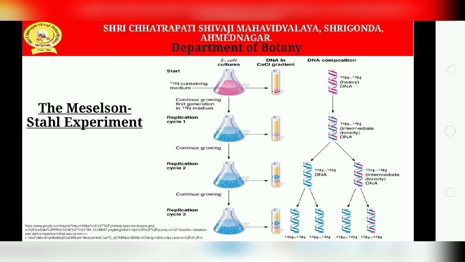As we know from the periodic table, most nitrogen atoms have an atomic weight of 14. This atom is known as N14, but an isotope with an extra neutron has a weight of 15, so we call it N15.